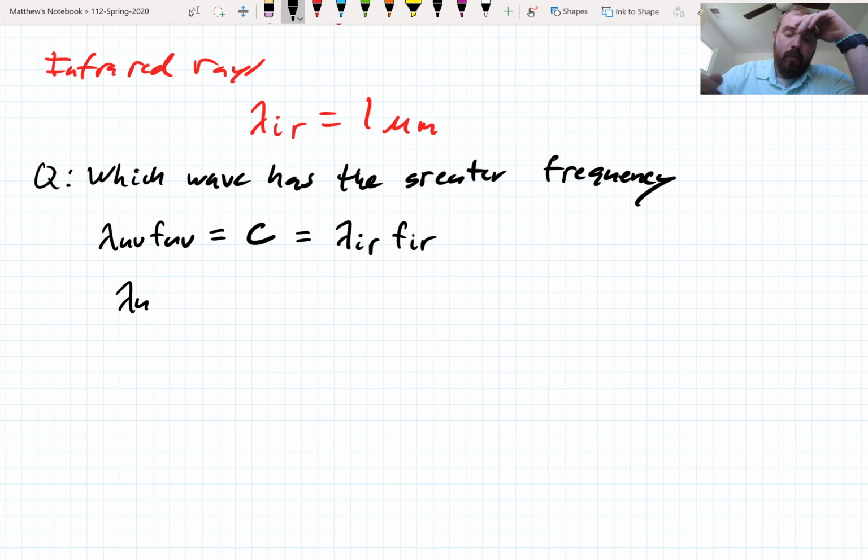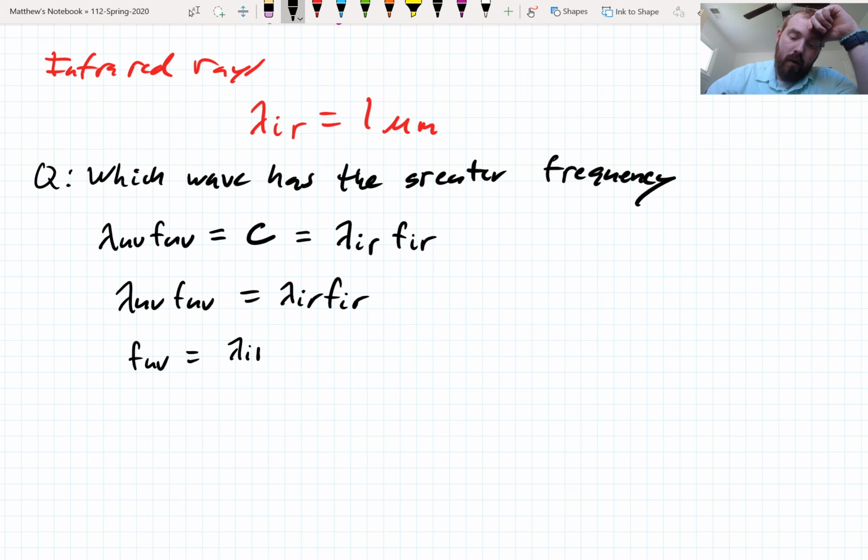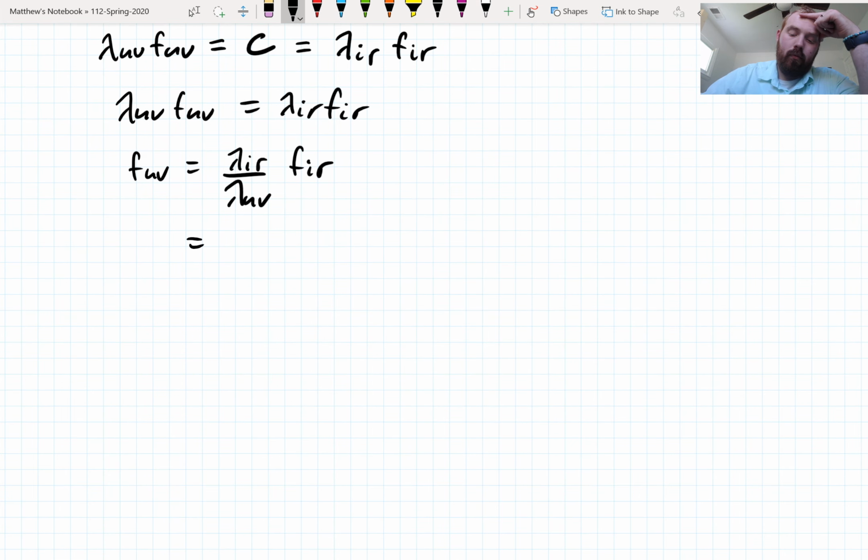So let's just cut out the middleman. Get rid of the c. And let's just compare the frequencies now. Which one's bigger? Well, f UV is equal to lambda IR over lambda UV times f IR.